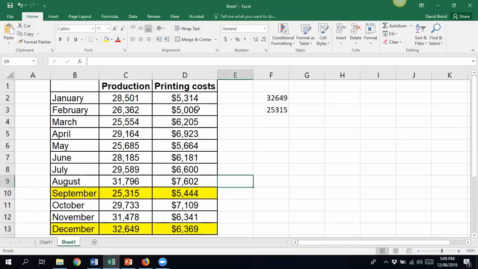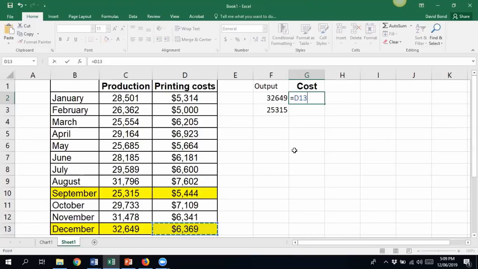We don't care about this number, I think it's the lowest. We don't care about 7.6. We want the highest and lowest output, and then the cost associated with that output. And then cost, just because I'm being lazy.